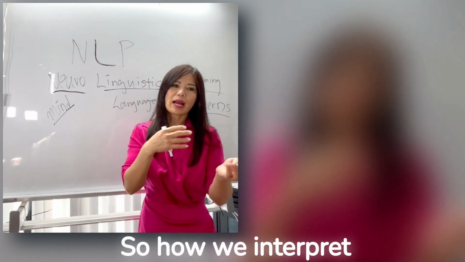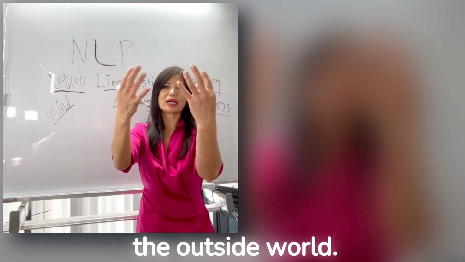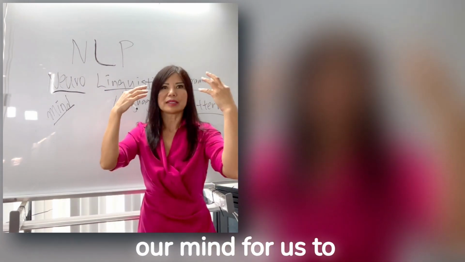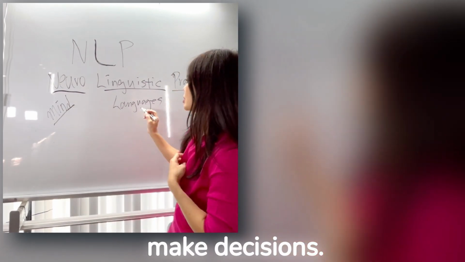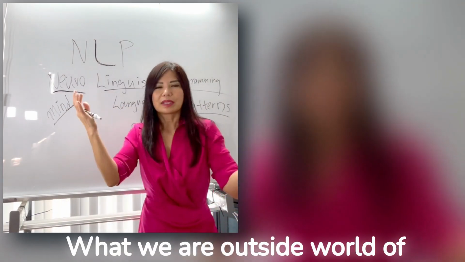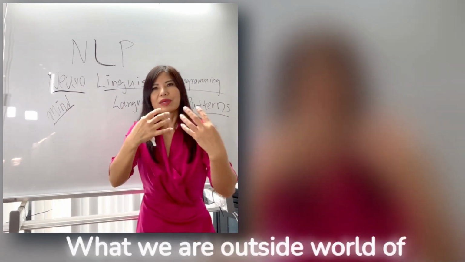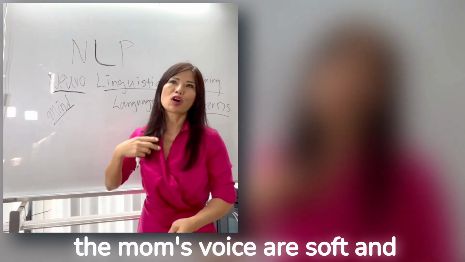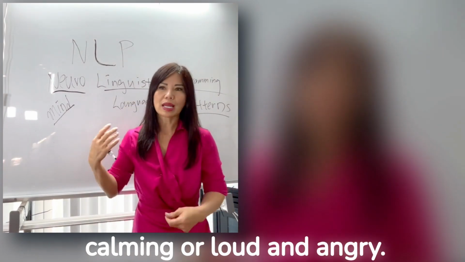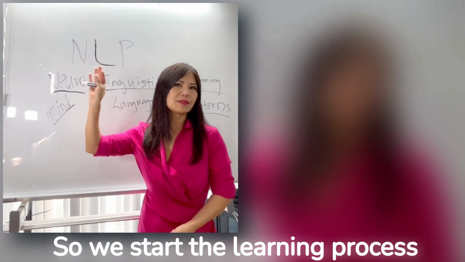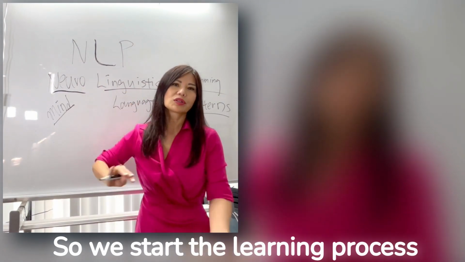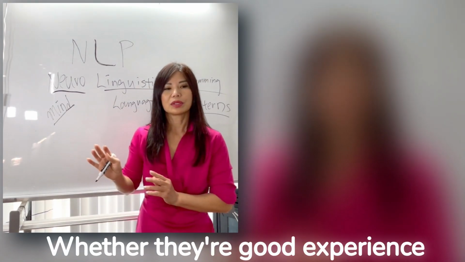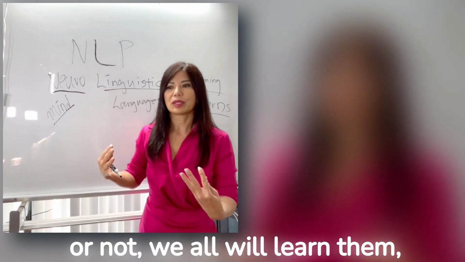So we bring the outside world, interpret the outside world into our mind for us to make decisions, what we are experiencing in the outside world, our experience. I look at the hand, taste something, the mom's voice is soft and calming or loud and angry. So we start the learning process at a very young age. Whether they're good experiences or not, we all learn them.